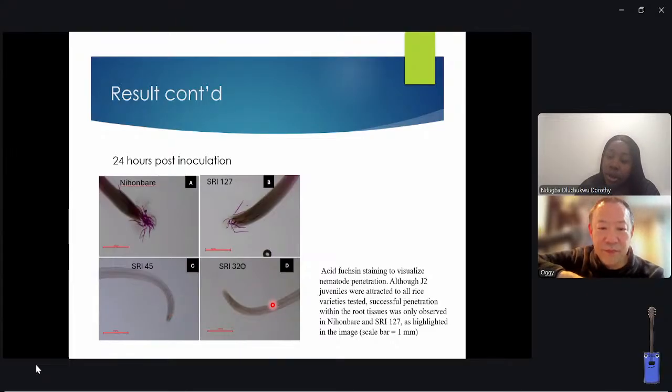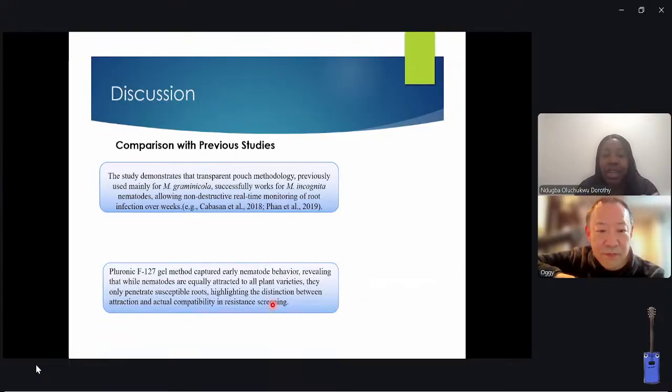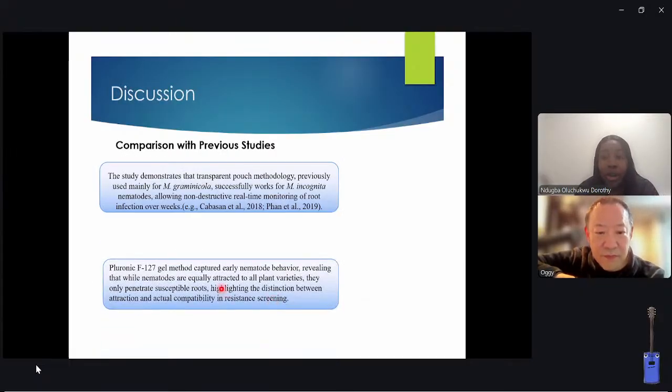So that's exactly what I'm explaining here, that although at 5 hours post inoculation nematodes were attracted to the roots of all the plant varieties, it was only the susceptible roots that they were able to penetrate.